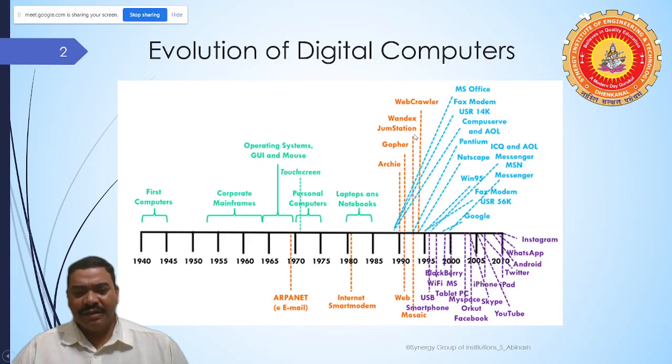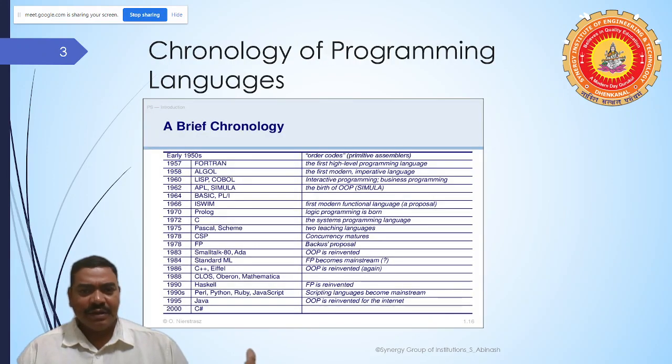Everything started with the evolution of the digital computer. The initial programming language was machine language, and here is the chronology of programming languages. Along with the development of digital computers, programming languages were also designed. The software engineers worked on the programming languages, and the hardware engineers worked on designing the computers.